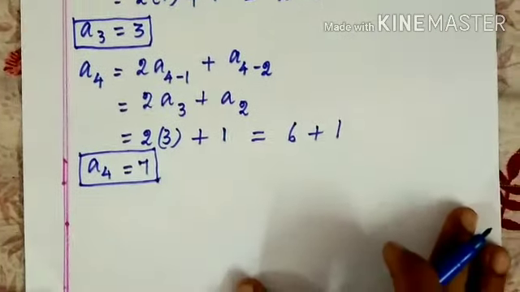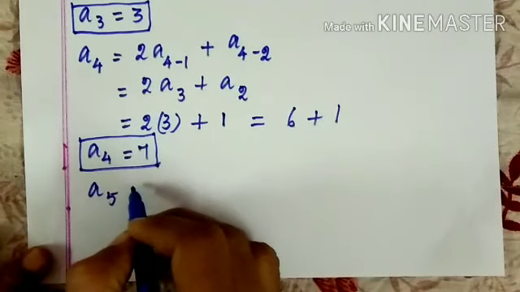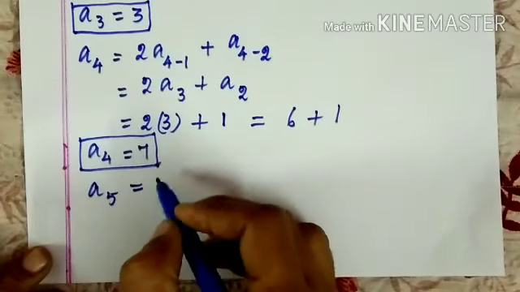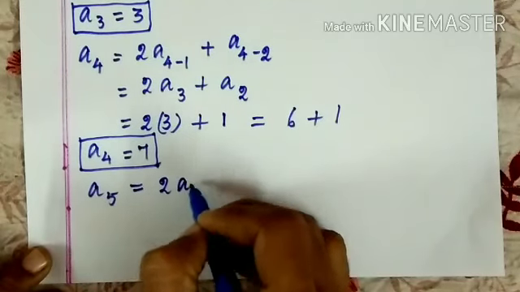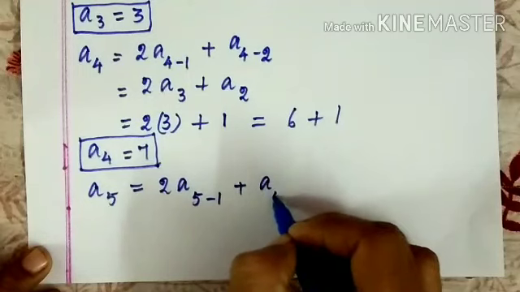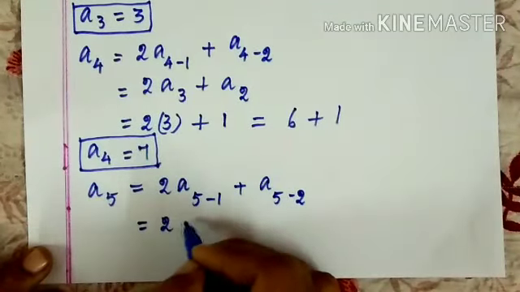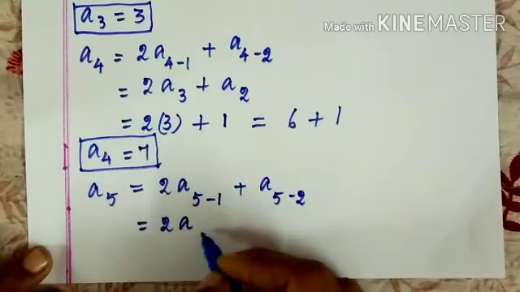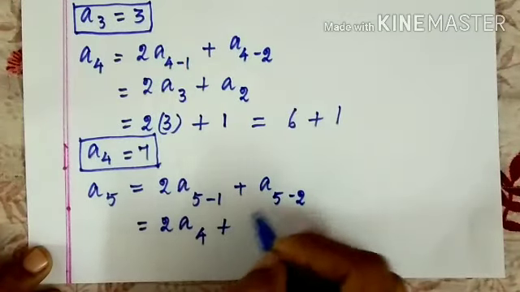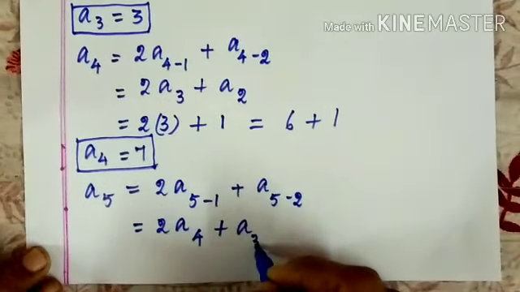The next for n is equal to 5, that is A5 is equal to 2 into A(5 minus 1) plus A(5 minus 2), that is equal to 2 into A4 plus A3.